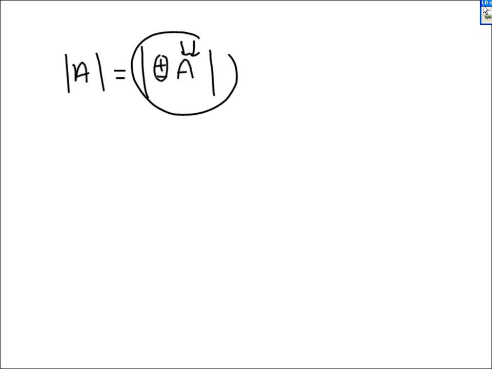So that is why A is equal to positive B or A is equal to negative B. What's inside the two brackets are equal or they differ by that sign. Okay, that completes this section.